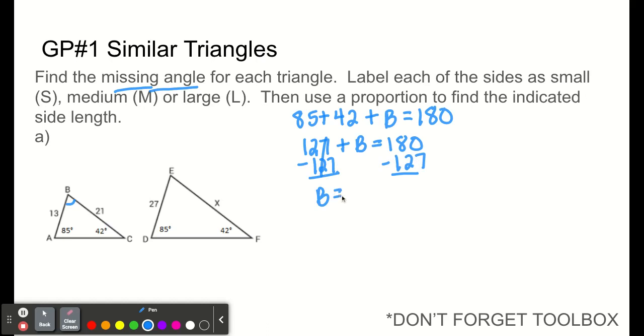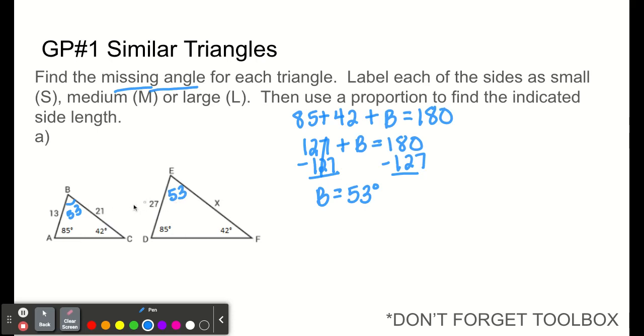And that gives us a measure for angle B of 53 degrees. Now that being said, D is also 85, F is also 42, so E is also going to have the same measure as angle B, and this will be 53 degrees as well.